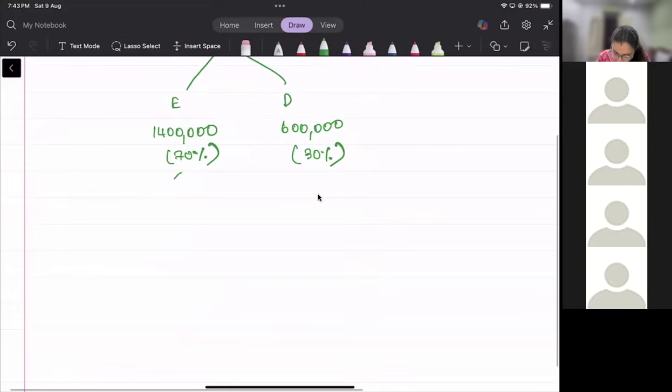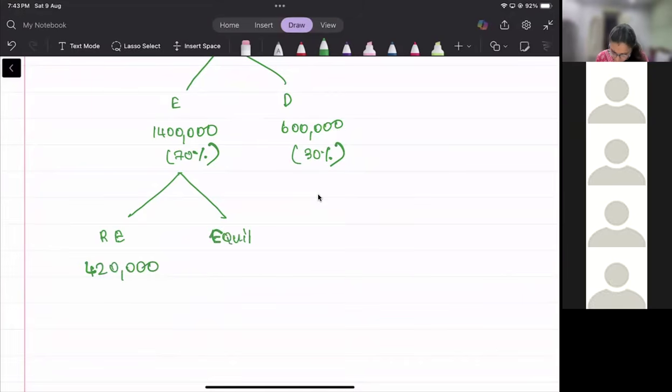And in this equity, what have they given to us? Retained earnings is given to us, right? How much is retained earnings? Yes, 4 lakh 20,000 is the retained earnings. Our other equity will be 9 lakh 80,000.